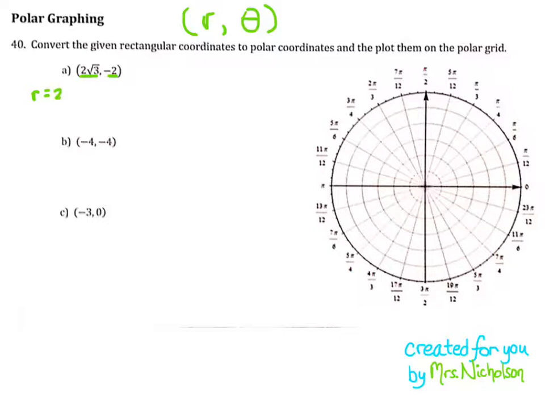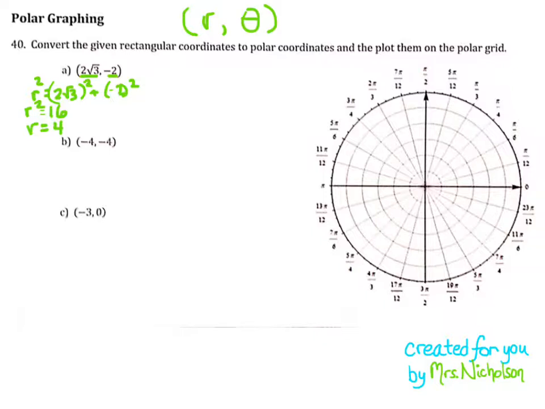It's going to be equal to 2 square root of 3 squared plus -2 squared, and that's going to be equal to 16. I'm sorry, this is not what r equals, this is what r squared equals. r squared equals 16. So my radius is going to be 4.